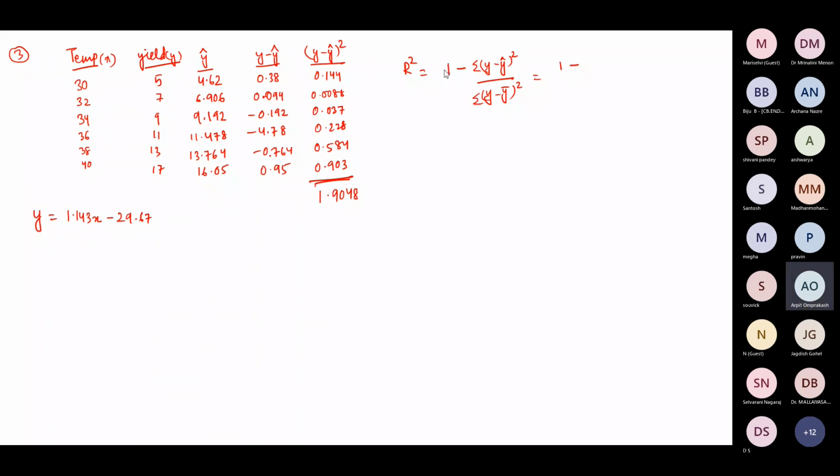So this is 1 minus 1.905 divided by 93.334, which will give us the R square value 0.9796. Is this clear?